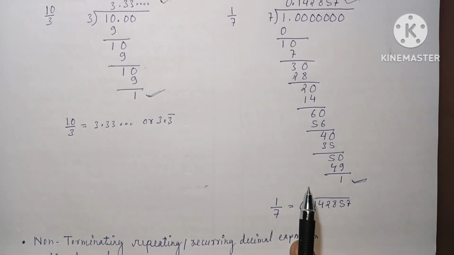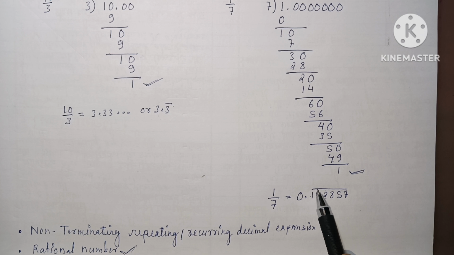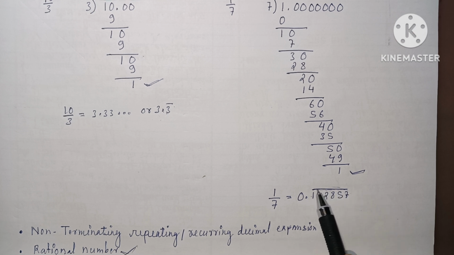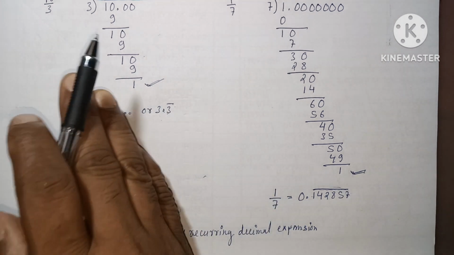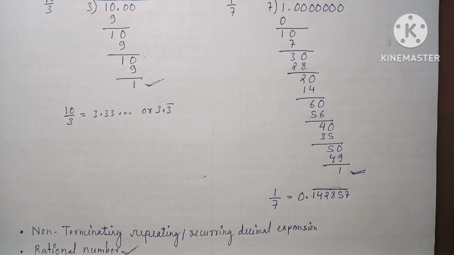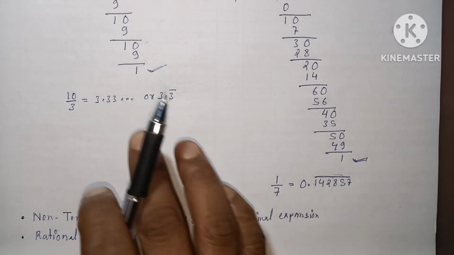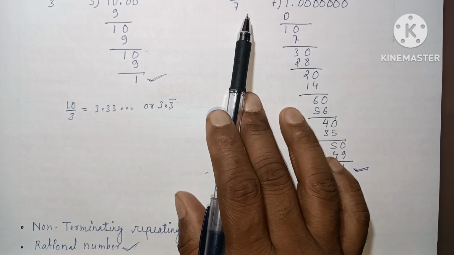In the same way, in the division 1 by 7, a block of numbers is repeated. On completing one block, the same block is repeated again and again. The remainder is not 0 in both cases. This is what we have seen in both divisions, 10 by 3 and 1 by 7.